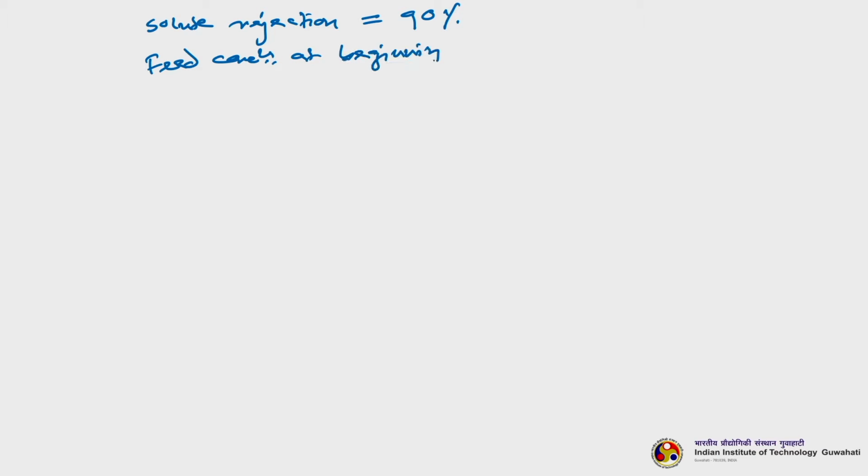So, solute rejection is given. It is always a good practice to write down whatever the data is given. Solute rejection is given as 90%, feed concentration at beginning is given 0.05 molar, and permeate concentration at beginning equals 0.05 into 1 minus 0.9.